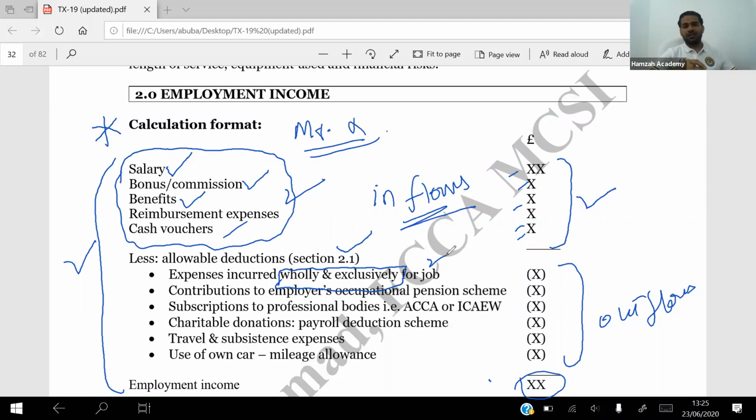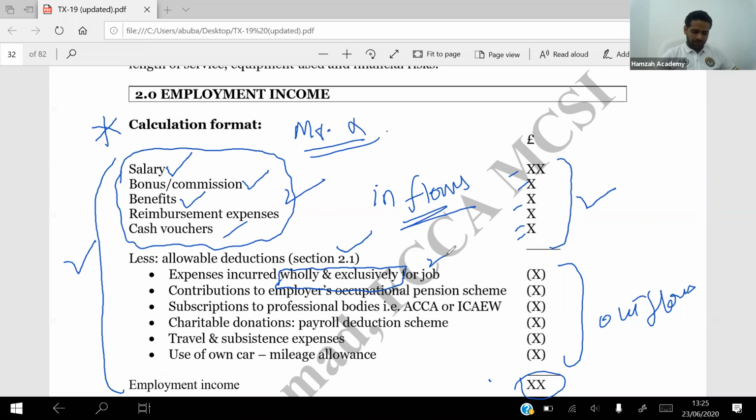So there are three parties involved: employee, employer, and the pension fund. I, being an employer, will take 50 pounds from my employee's salary and give it to the pension fund so they can maintain it.